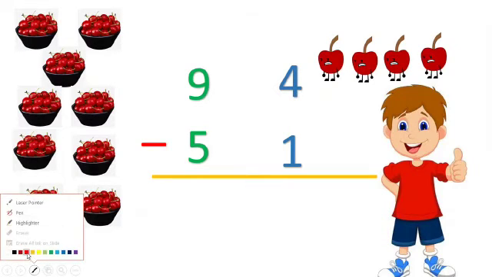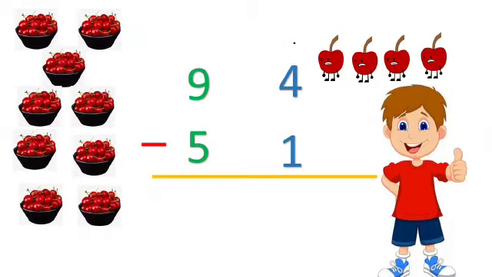We subtract the ones. These are the ones with a blue one. And then we subtract the tens with the green one, okay? These are the tens and these are the ones.